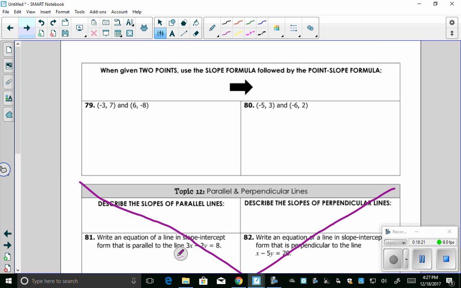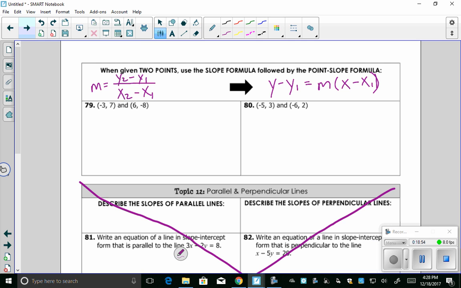The next two examples, you're only given 2 points. So you have to use the slope formula followed by the point-slope formula. The slope formula being m equals y2 minus y1 over x2 minus x1. So you have to use that formula first, and then use the point-slope formula, which was on the previous page, which is y minus y1 equals m times x minus x1 in parentheses.